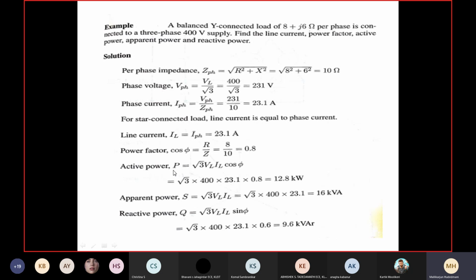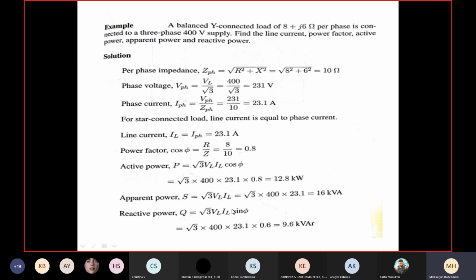We will see later. If at all you want reactive power, instead of cos, I should use sine. The cos is replaced as sine, it becomes reactive power. And total power is, remove the cos and sine, root 3 VL IL. Root 3 VL IL is apparent power.